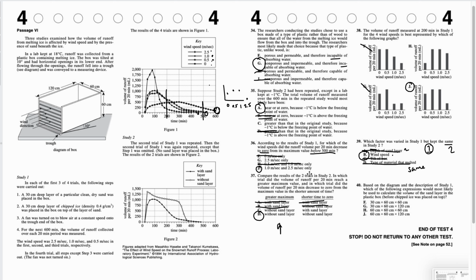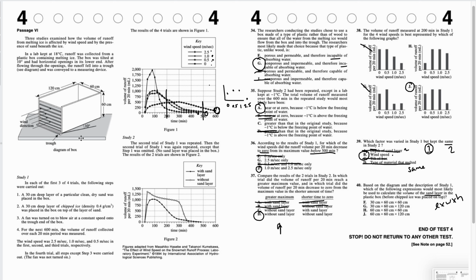So the last question, based on the diagram and the description of study 1, which of the following expressions would most likely be used to calculate the volume of the sand layer in the plastic box before chipped ice was placed on top? So volume of the box is length times width times height. We want it for the sand layer.